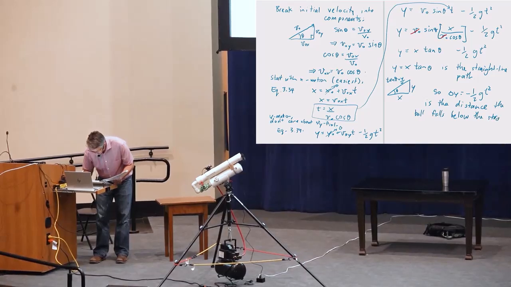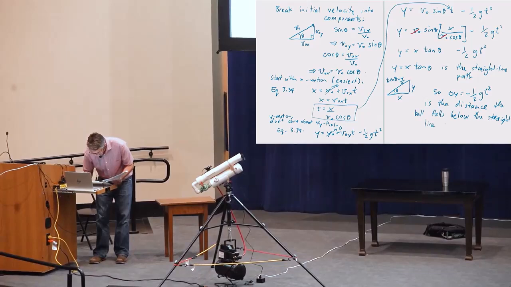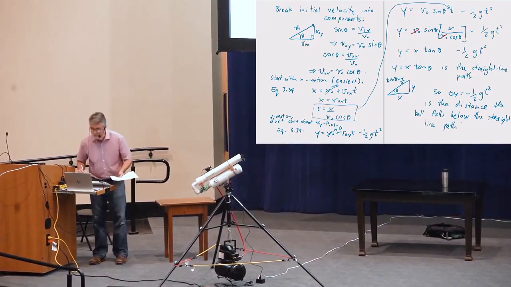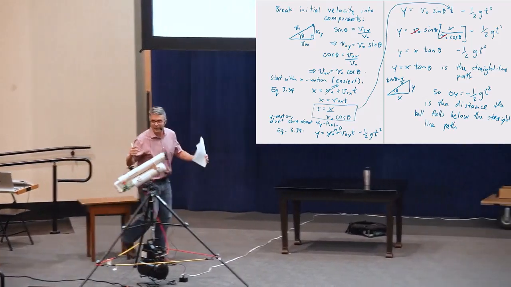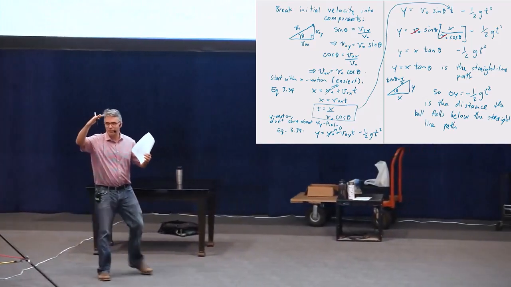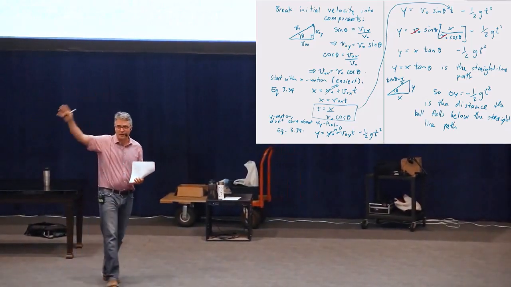And then there's another thing, which is that if you release something from rest, it falls a distance 1/2 gt squared. So you got two things happening. One is that the tennis ball is falling below the straight line path by this distance 1/2 gt squared.